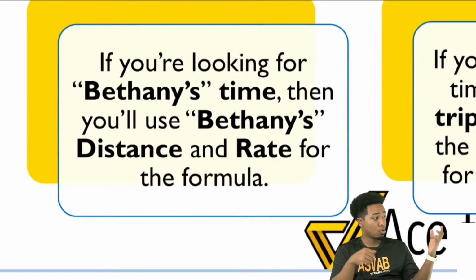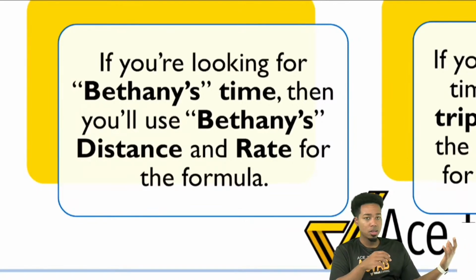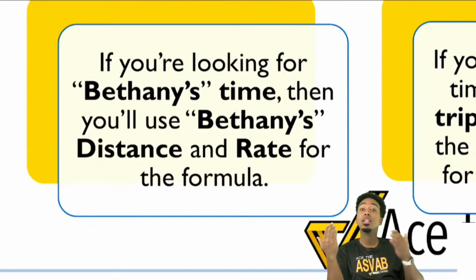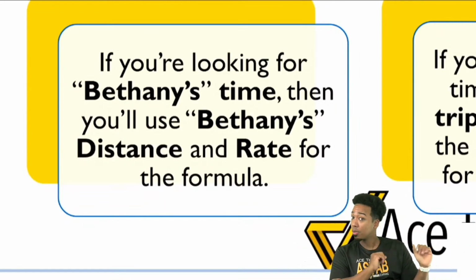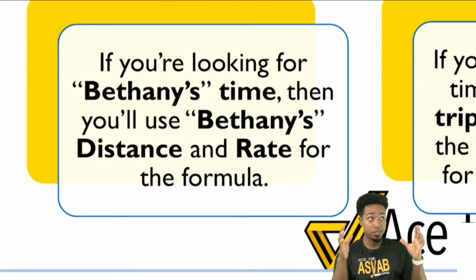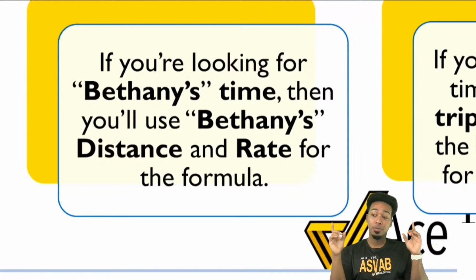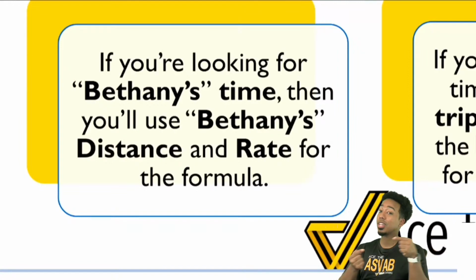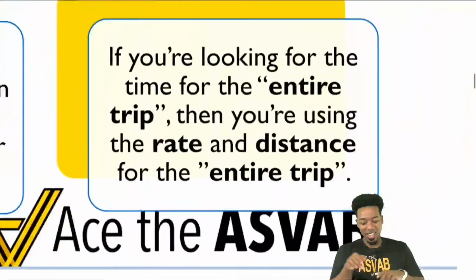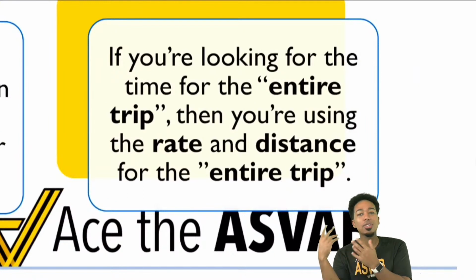If you see Carlos's distance or Carlos's rate or Carlos's time, you can't plug that in unless you know that it's actually supposed to fit. But you have to be consistent unless there's a clue that gives away a relationship. You may want to jot that down. You keep it consistent unless there's a relationship. We're going to go over that today. So next up, on the other hand, just another example.